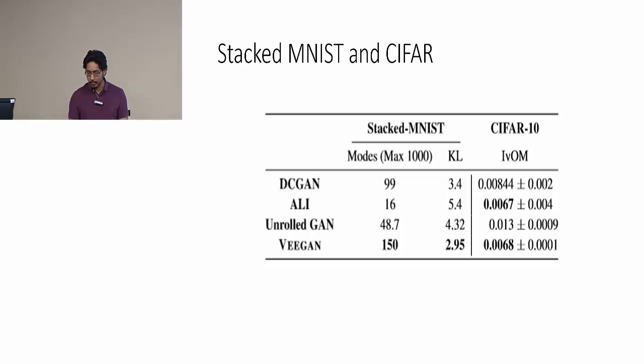The idea is that if there was mode collapse, you'd get some images that were very distant from the nearest generated image. Once again, smaller is better for this one. And it didn't do the best. Unrolled GAN did better than this one on that test.